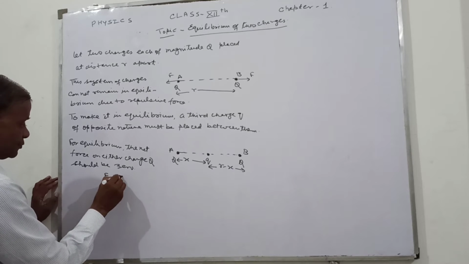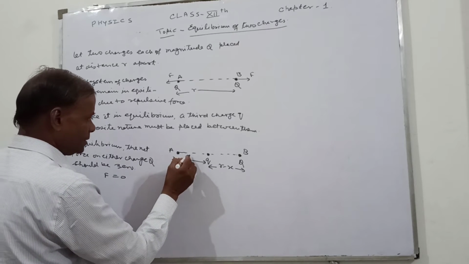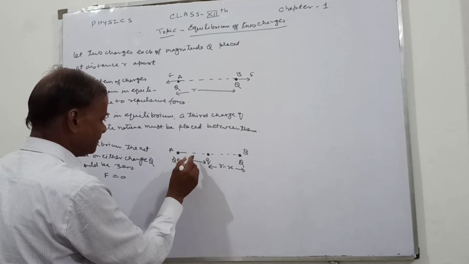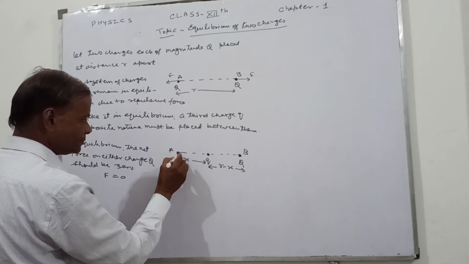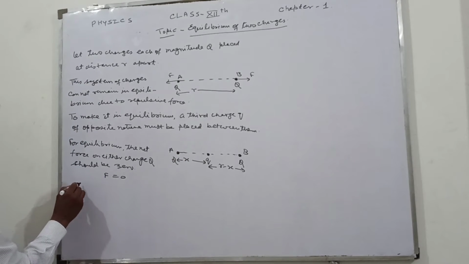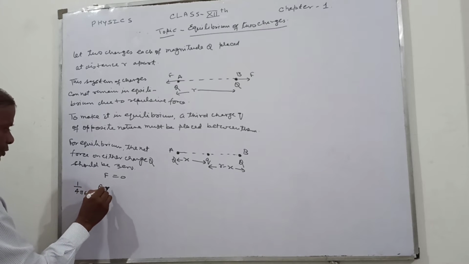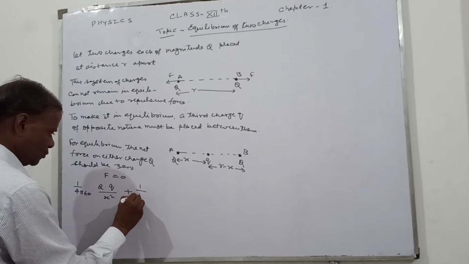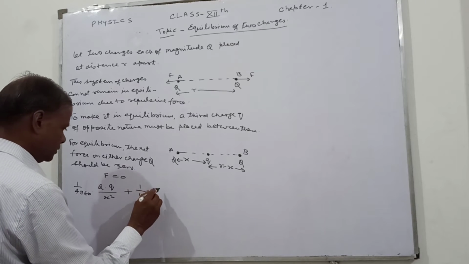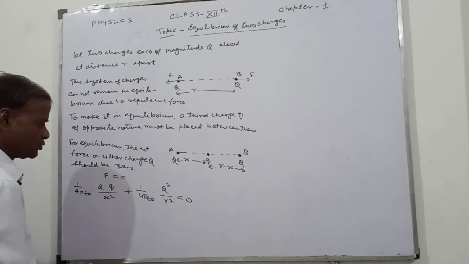Now let the force on this one, charge Q, be equal to 1 upon 4 pi epsilon naught into qQ upon x square plus 1 upon 4 pi epsilon naught into Q square upon r square. This should be equal to 0.